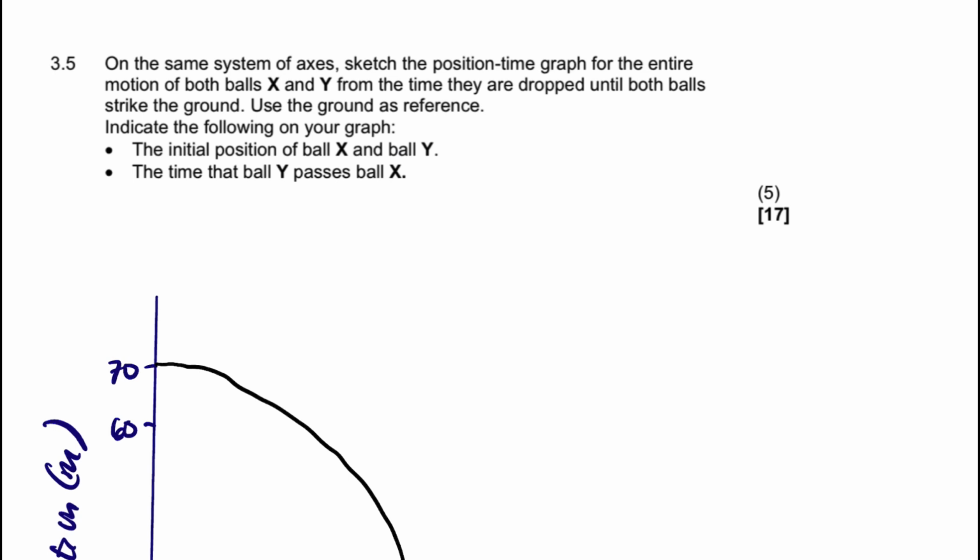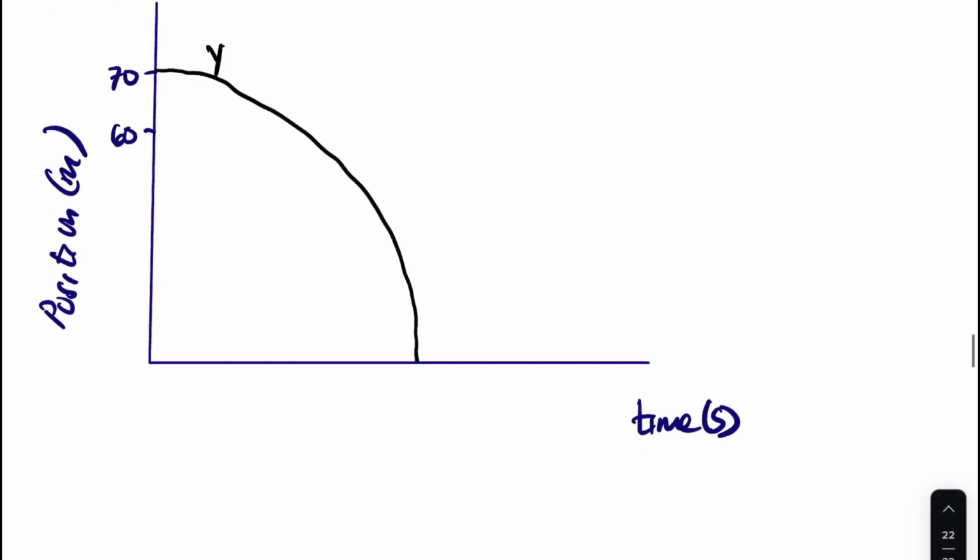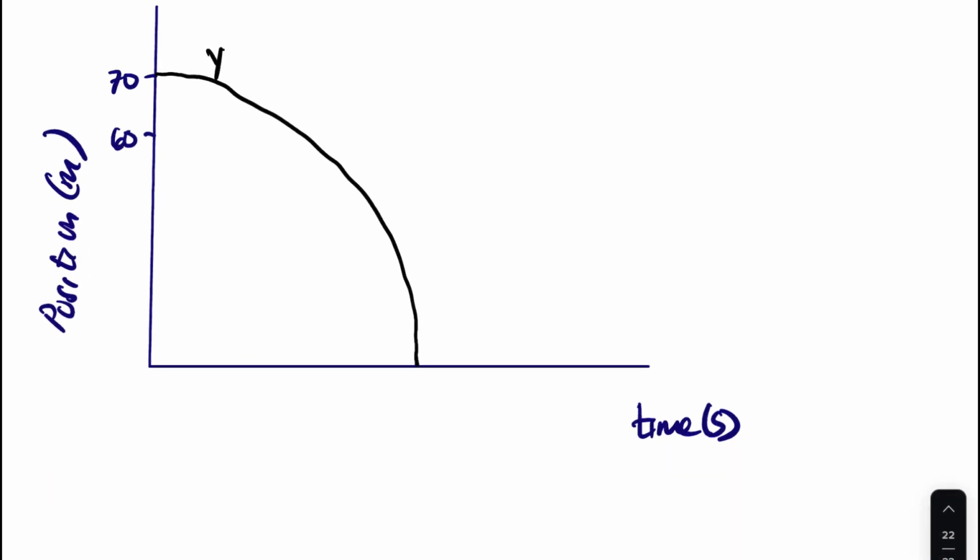Let me label it and say it's y. This is the curve for y. And then the curve for x. Guys, I cannot start here for x, right? Because ball x was thrown 1 second later. If I start here and do the curve like that, it means they started at the same time at t0. No, ball x started 1 second later.